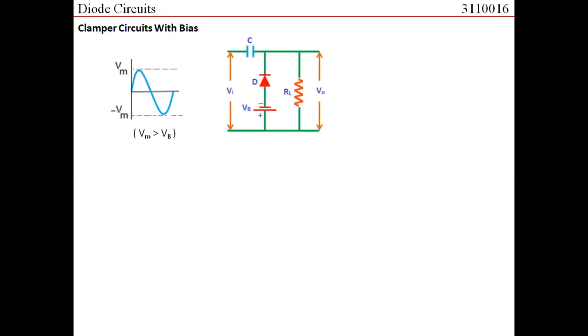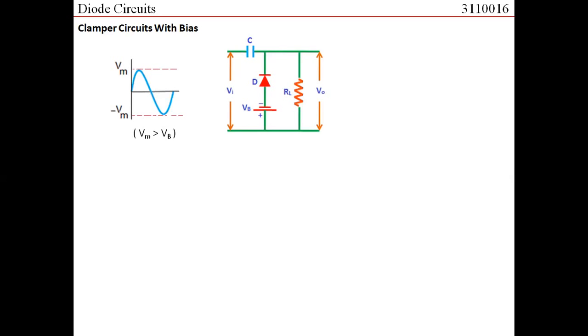Let us try to consider this circuit. Here you can take a pause and try to calculate what the output would be. Let me give you the primary consideration. If you see the condition of the diode, it tells us this is something similar to a positive clamper.